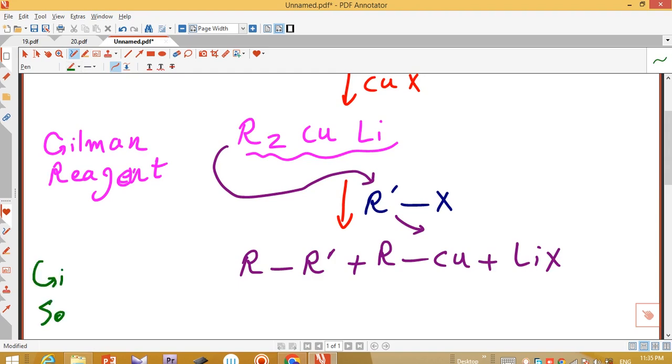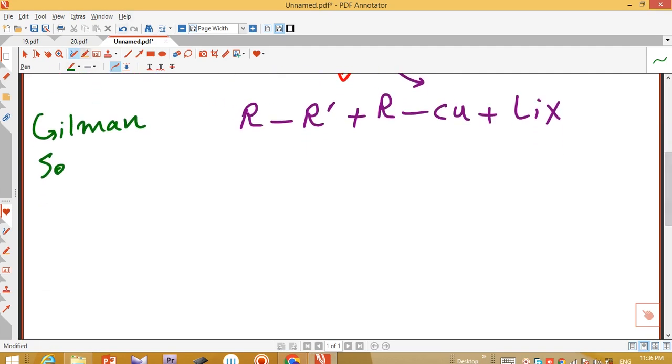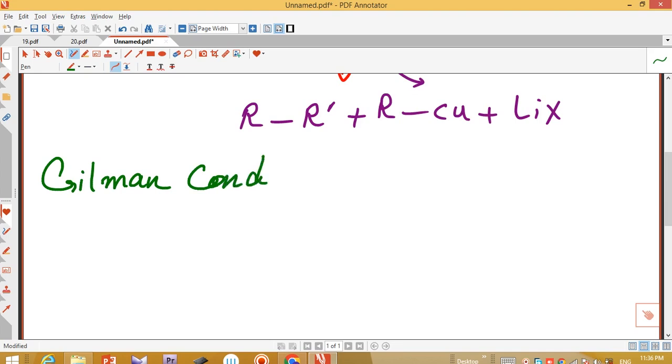Gilman reaction condition. Okay, first of all, the solvent.